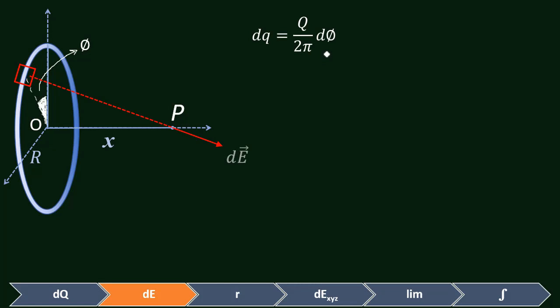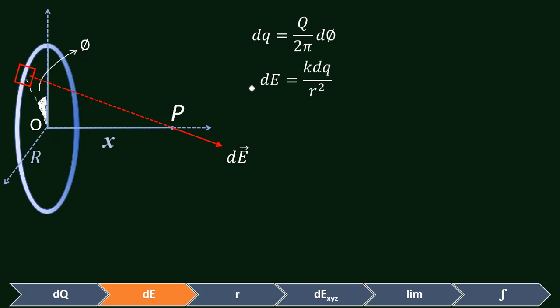Beautiful. So now we're going to show the dE vector created by this dq. And it's going to be along the line that joins dq to point P, and it's going to be pointing away from the charge since it's positive. So there's our vector.